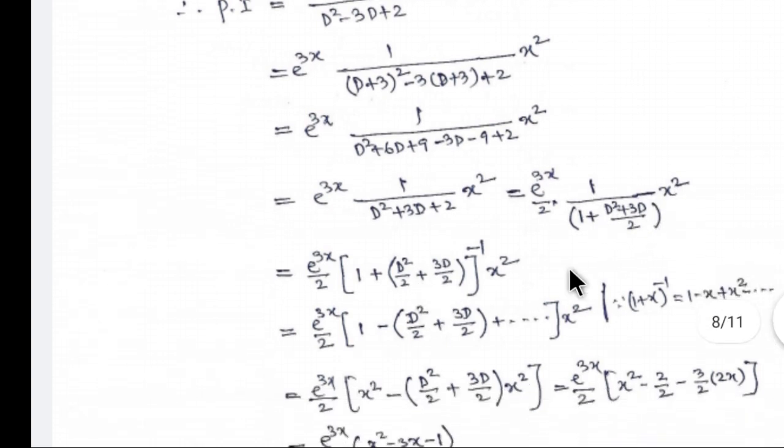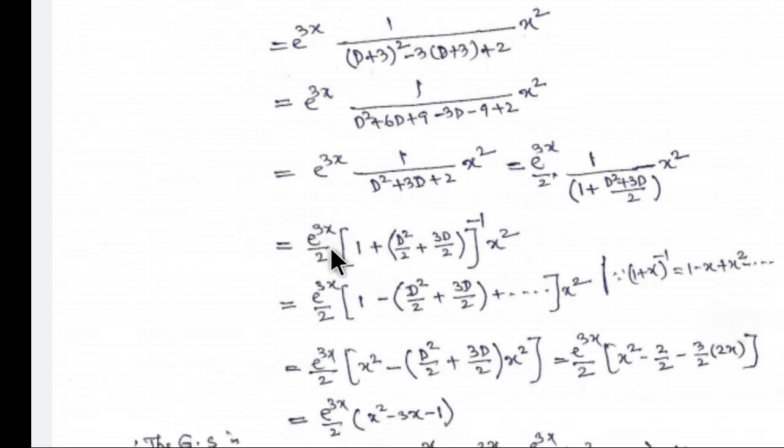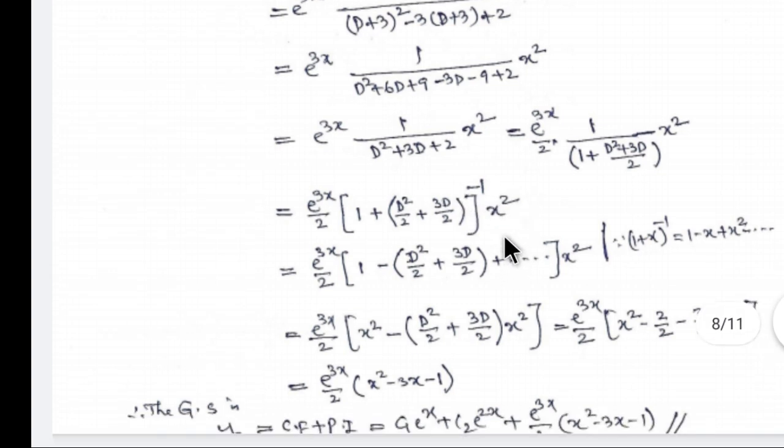Now the procedure says that in this case write the denominator as numerator with a negative index. Keep e raised to 3x by 2 as it is, into square bracket 1 plus d square by 2 plus 3d by 2, close the bracket, raised to minus 1, operating on x square.